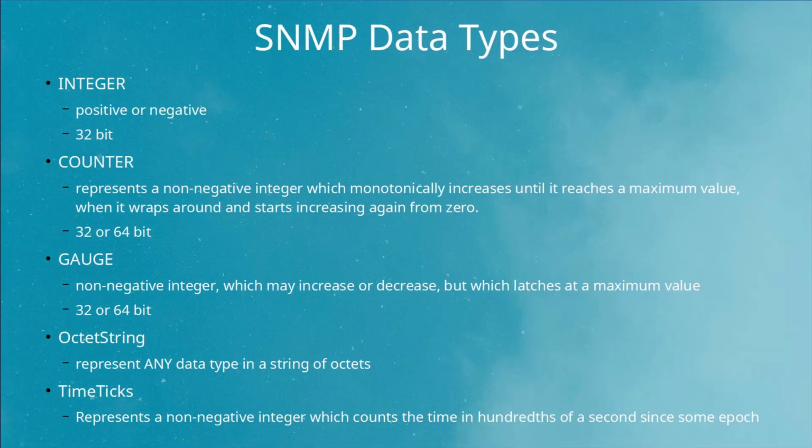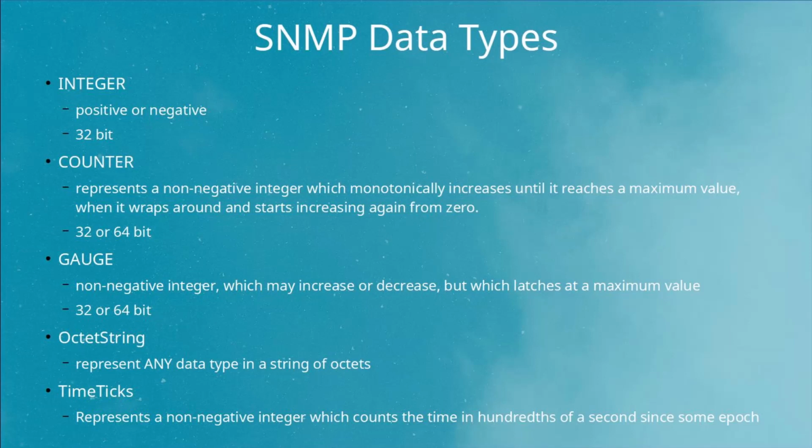The SNMP data types are integer, which can be a positive or negative 32-bit number; a counter, which represents a non-negative integer, which monotonically increases until it reaches a maximum value, when it wraps around and starts increasing again from 0. This can be a 32-bit or 64-bit number.